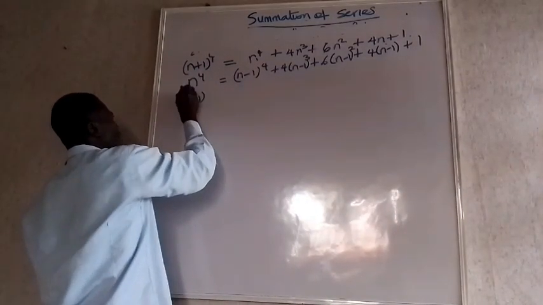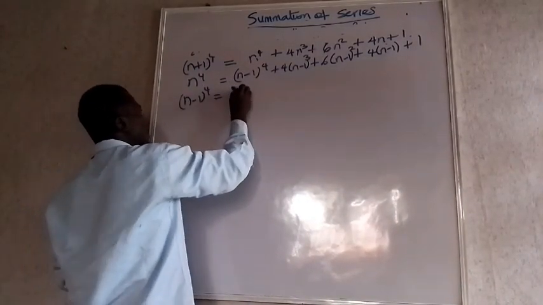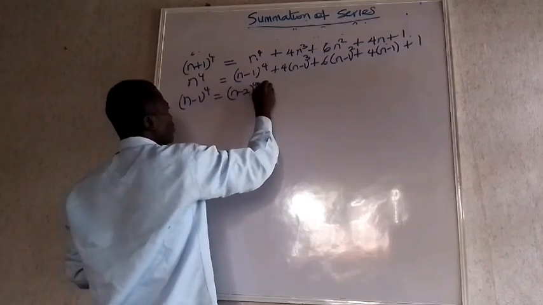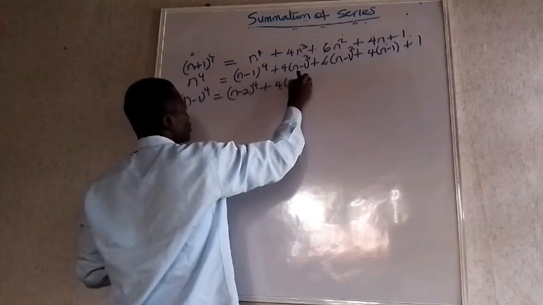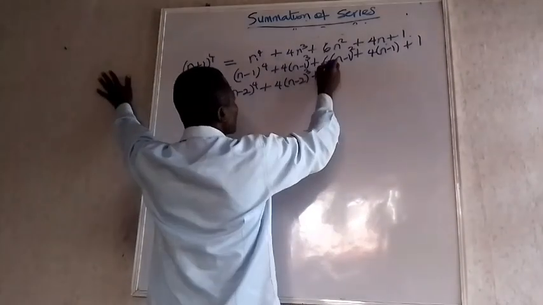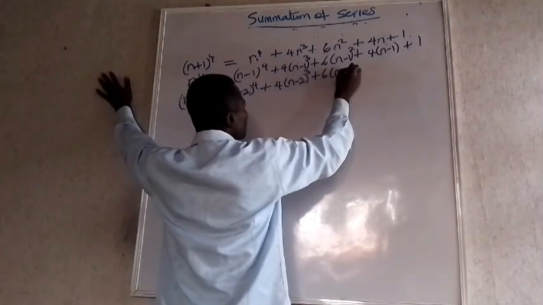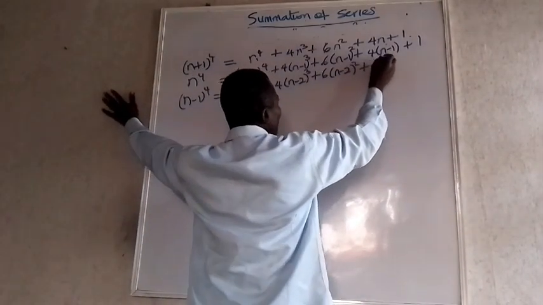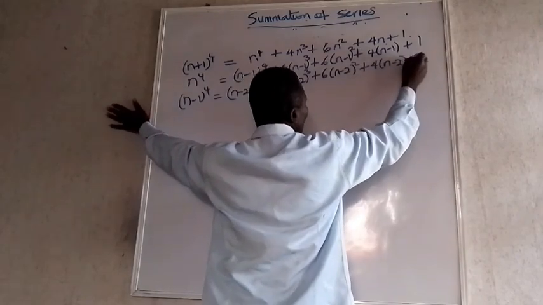n minus 1 raised to the power 4 is going to be n minus 2 raised to the power 4 plus 4 into n minus 2 cubed plus 6 into n minus 2 squared plus 4 into n minus 2 plus 1.